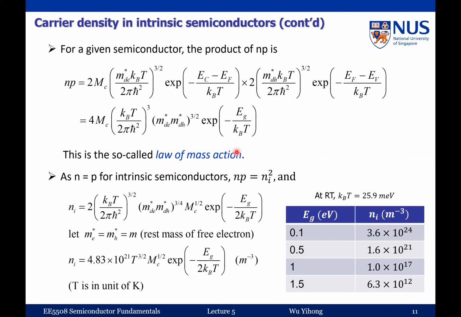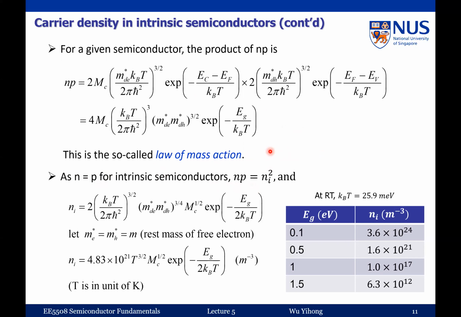Here, when we use a thermal process to generate a hole and an electron, it's something like a chemical reaction to generate free carriers. That's why we simply call it the law of mass action. There's no specific meaning anyway. Since it's similar to chemical reactions, we just use it. And in this case, NP is equal to Ni squared.